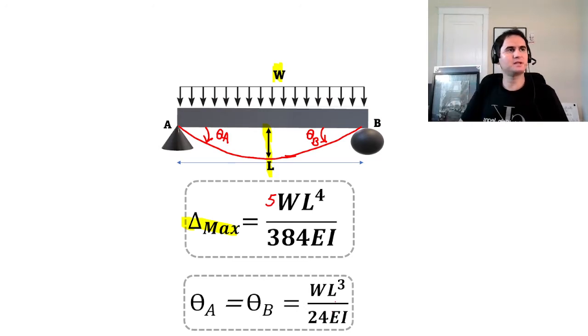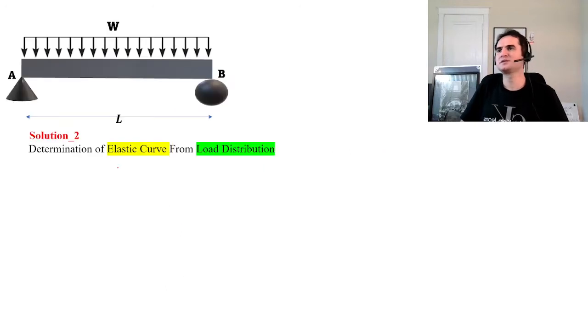This time we want to calculate the same values from the load distribution function itself. So let's see how that goes. If we want to determine the elastic curve from the load equation, that's EI d to the power of four y over dx to the power of four equals negative w, and the negative is just the downward direction of w.